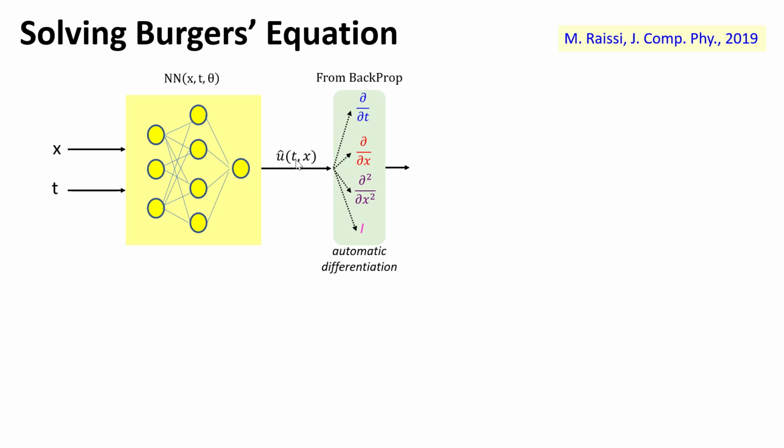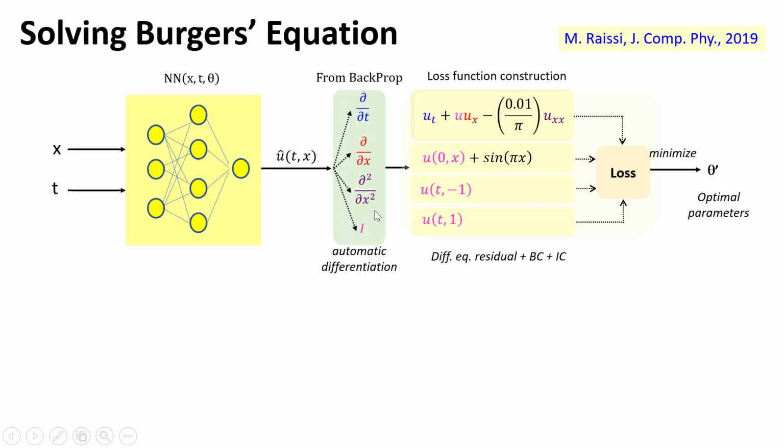Now, through backprop, we have available derivatives of u of t, x with respect to dou t and dou x, dou square by dou x square, which allows us to construct our own loss function tied to the differential equation residual itself, the initial value condition, and the boundary condition. And this loss is minimized to get the optimal parameters that actually solve the equation.